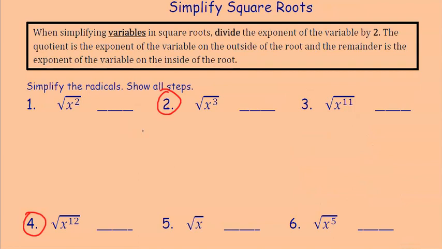Simplify square roots. This time we're simplifying square roots with variables in it. When simplifying variables in square roots, divide the exponent of the variable by 2. The quotient is the exponent of the variable on the outside of the root, and the remainder is the exponent of the variable on the inside of the root.